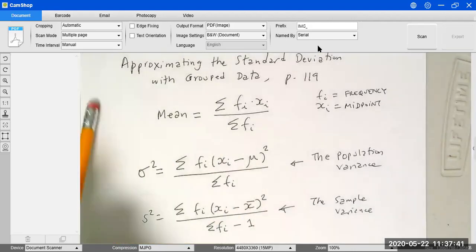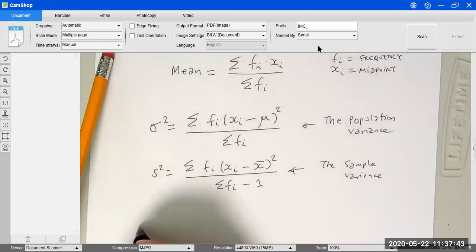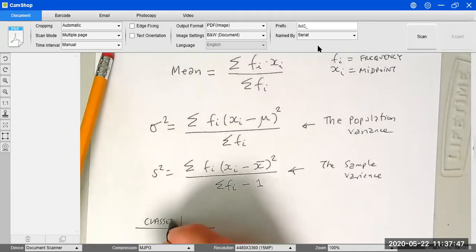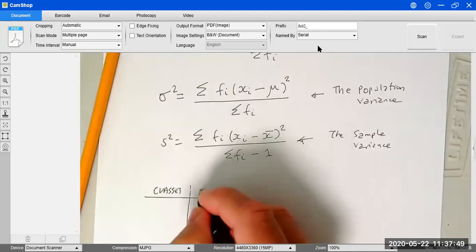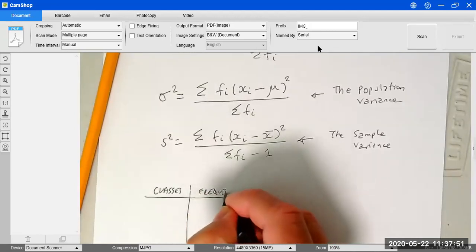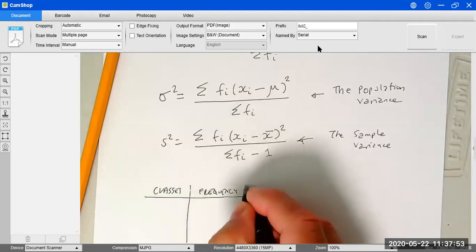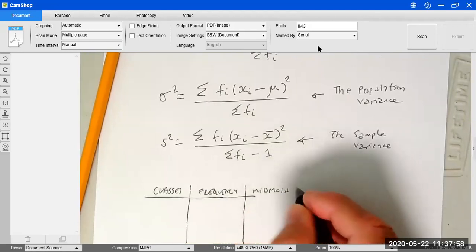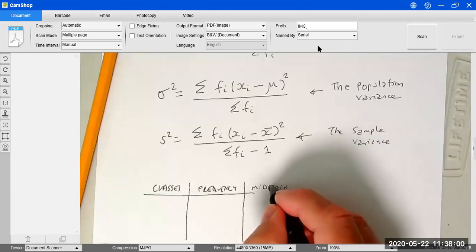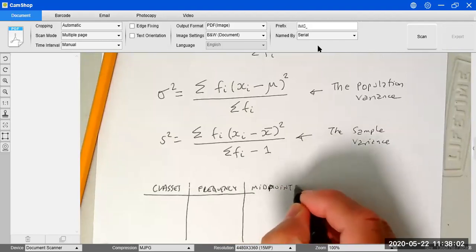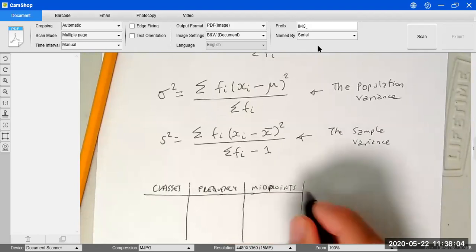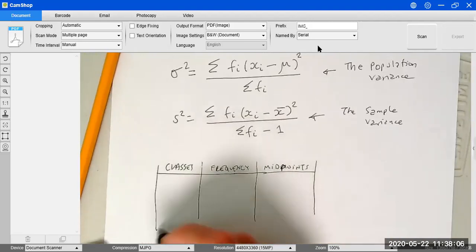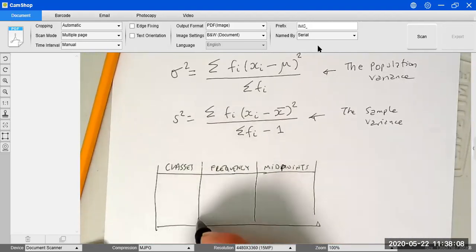Usually it's going to be something like our classes, then we need frequencies, and then we're going to find midpoints, and once you have that information, then we're going to be able to use our formula.